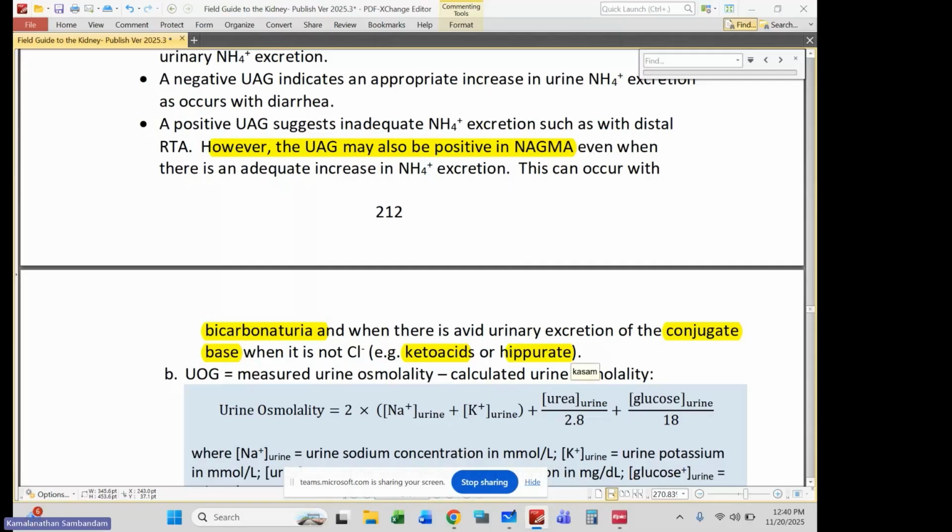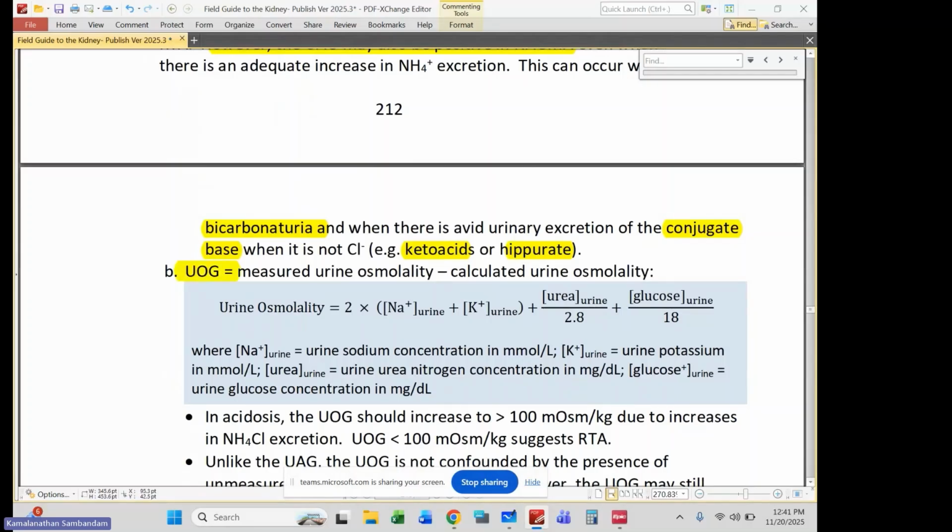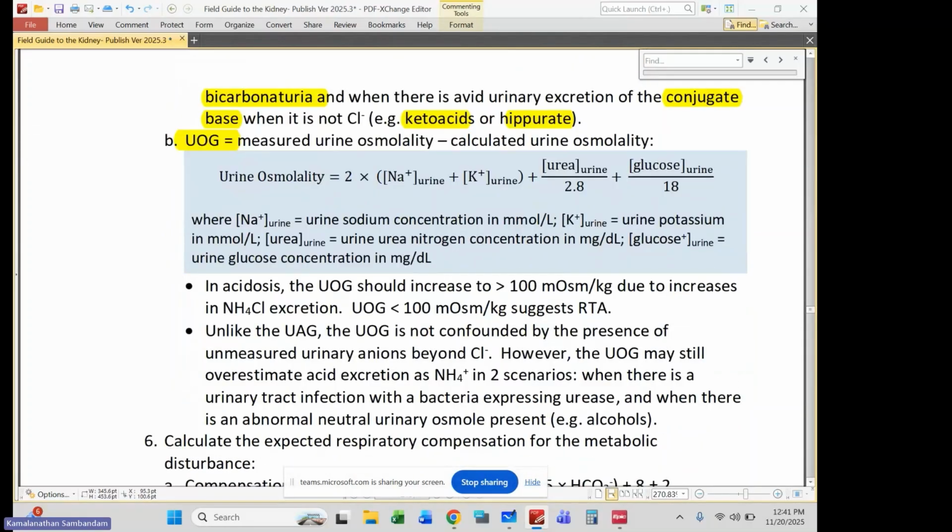Again, urine anion gap should be negative if the kidney is doing the right thing. That means I'm excreting ammonium. But if some other negatively charged species is present in the urine, it can confound the urine anion gap and make it positive. Urine osmolar gap is not confounded by the presence of these anions.